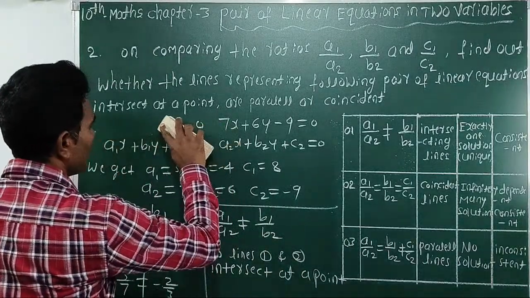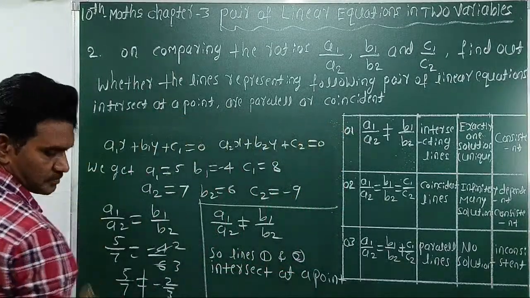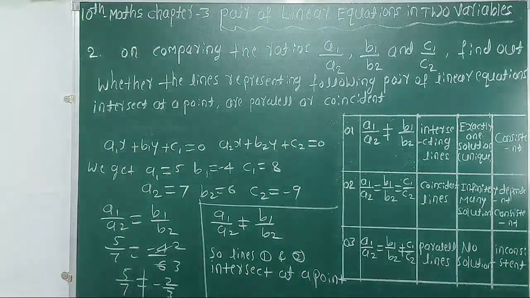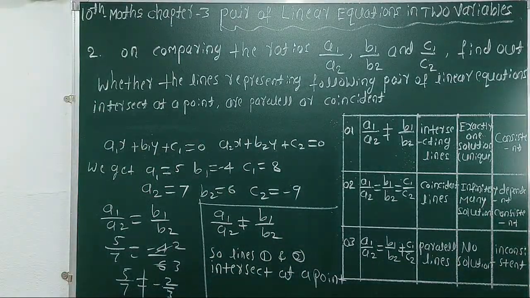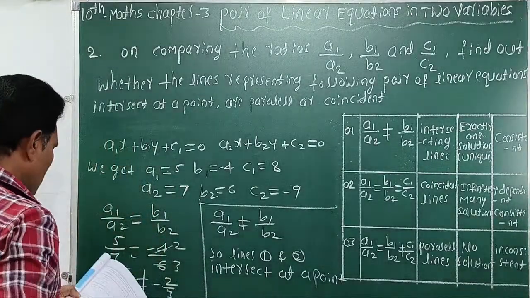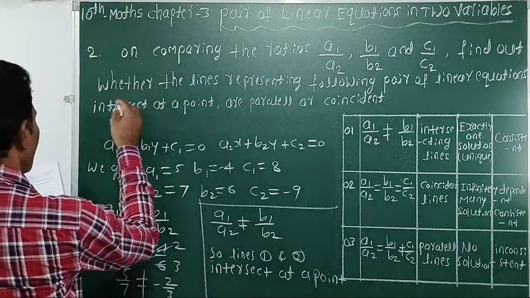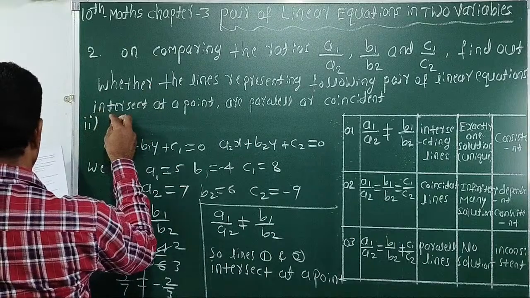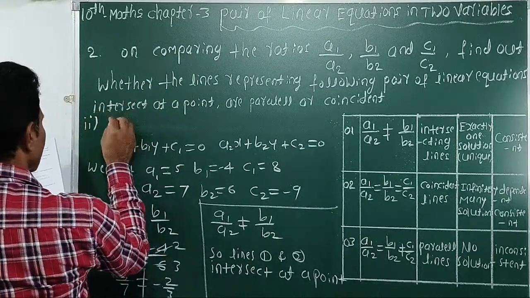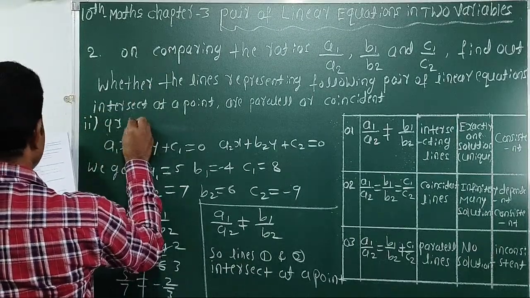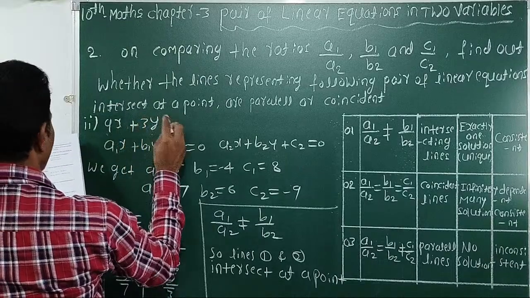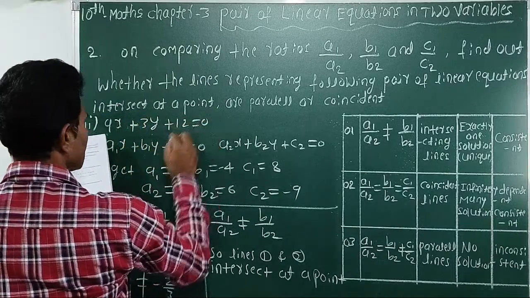Take one more example. Second one: 9x plus 3y plus 12 is equal to 0.